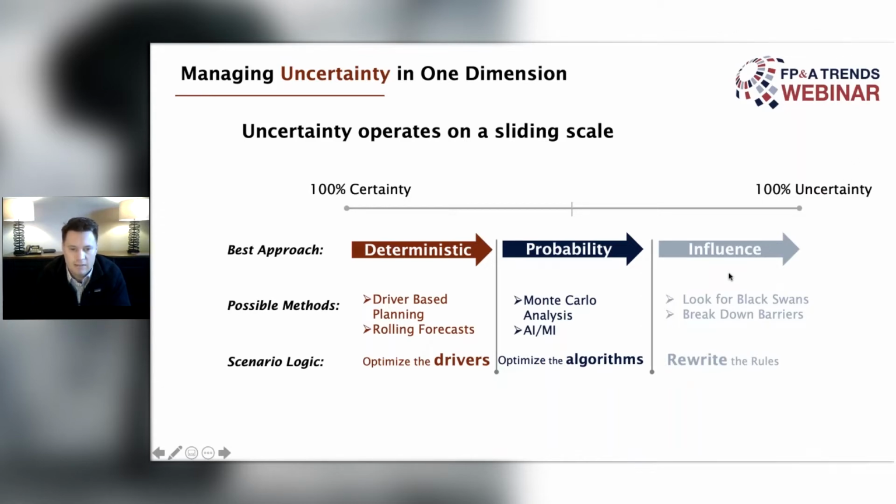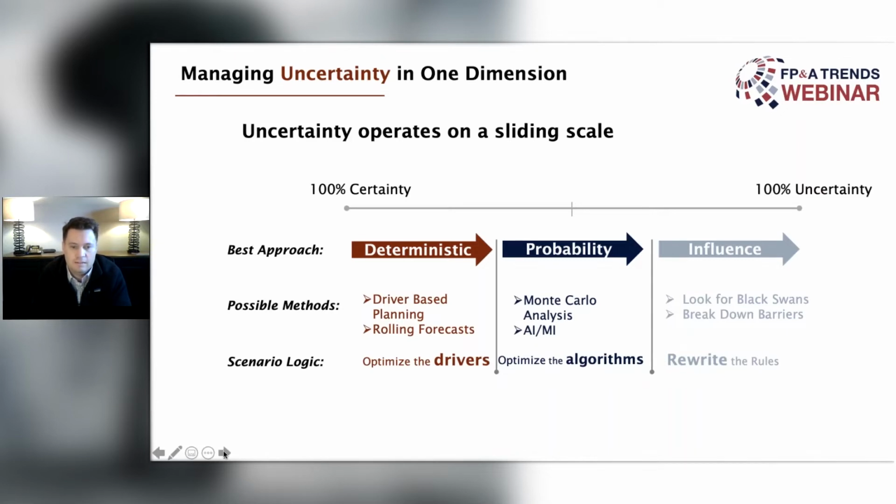Well, we've heard a lot of these before, but deterministic is the first approach that most people use. And obviously what we're talking about in deterministic is a couple of different methods. Driver-based planning is a good approach in that environment, as well as rolling forecasts.